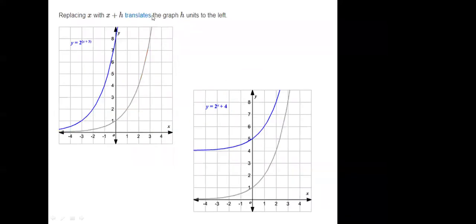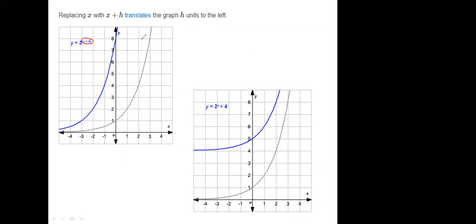So this is when we are adding elements. For example, if we have x plus 3, but this is in the degree up, so it's in the exponent, then the function, as you can see, this one was 2 to the x, moves by 3, left or right.